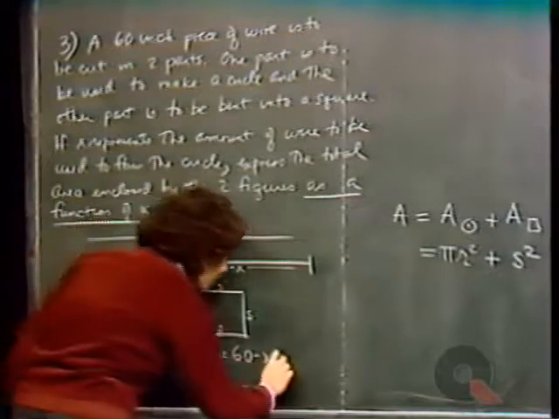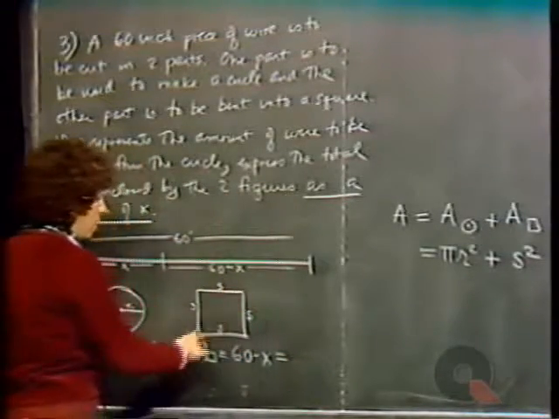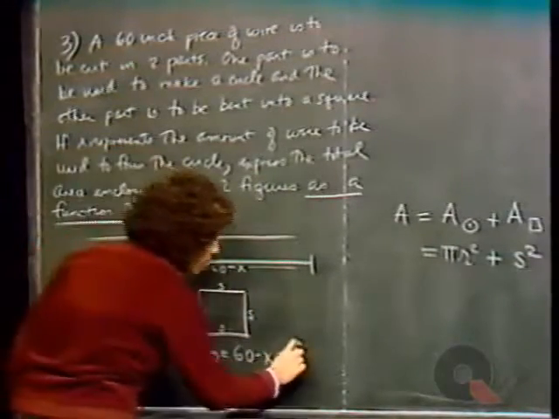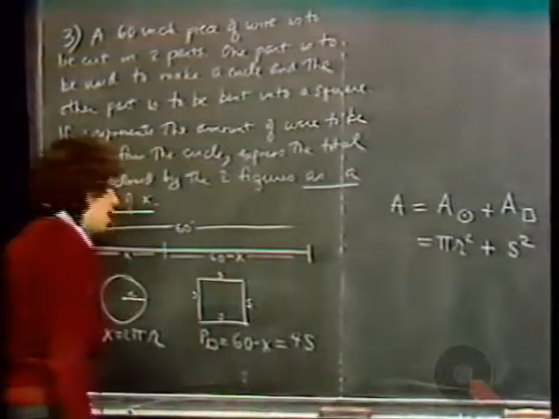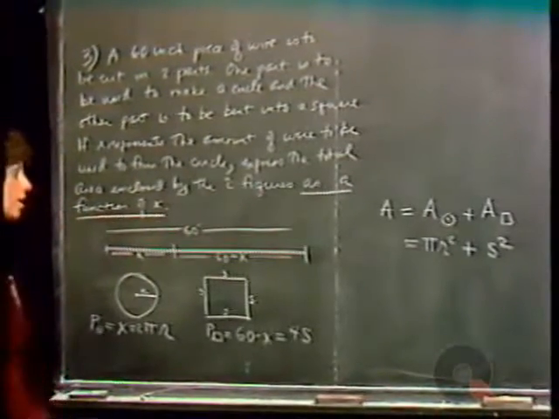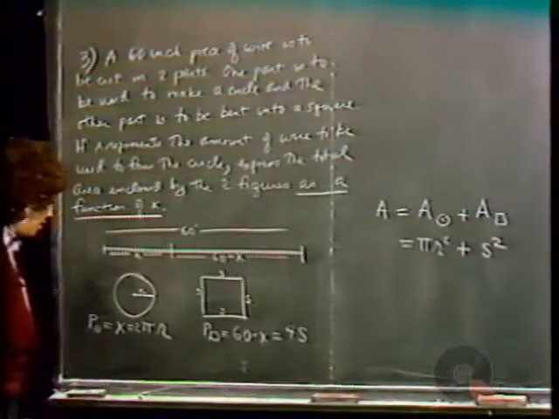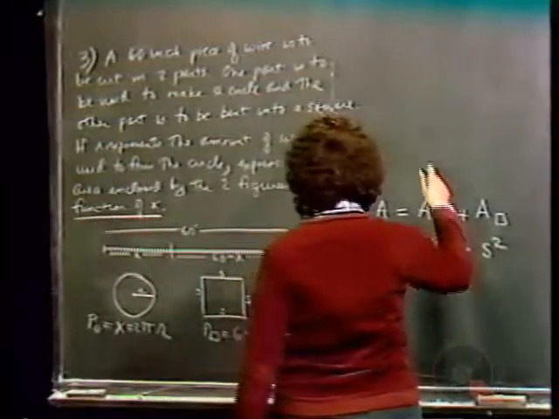And the perimeter of a square, if the length of an edge is s, would be s plus s plus s plus s, or 4s. We can use this to figure out what s and r are in terms of x. Let me rewrite those two equations up here.